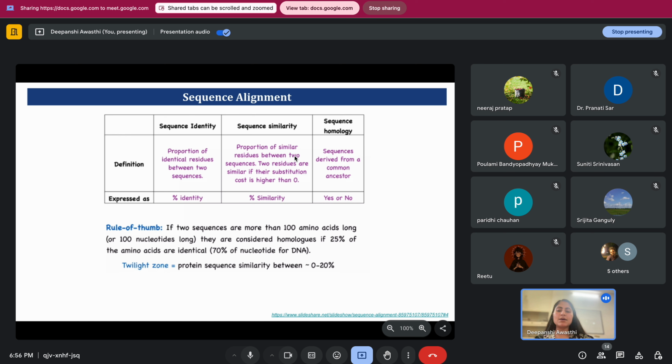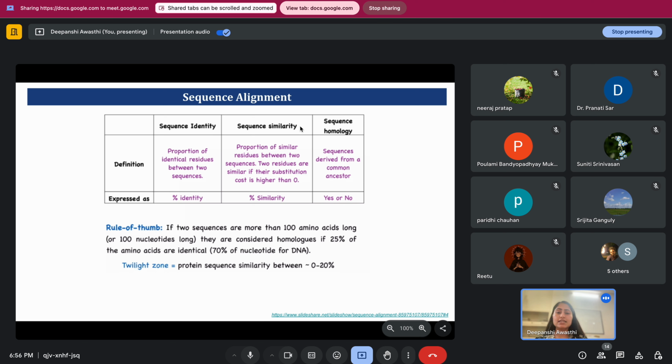I'll give you an example of a protein sequence. In the case of sequence identity, if my protein sequence has proline, and let's assume it is now replaced with lysine, then when that proline is aligned with the lysine, I will give it a score of 0 because it is not identical.